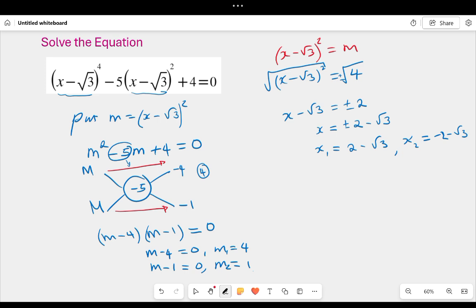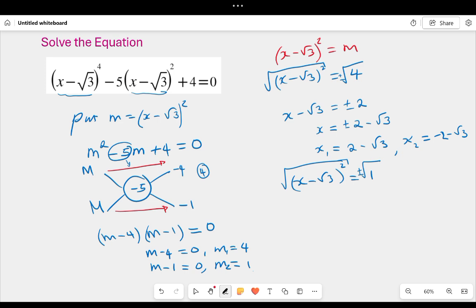All right, now the second scenario, when we had x minus the square root of 3, squared, is equal to 1. Now we take the square root on both sides. And on this side, the square root of a number is going to be plus or minus.